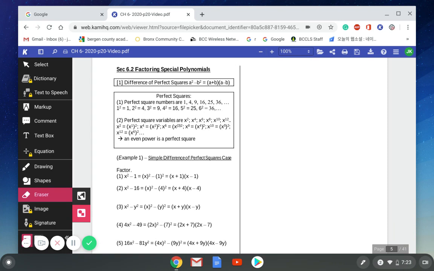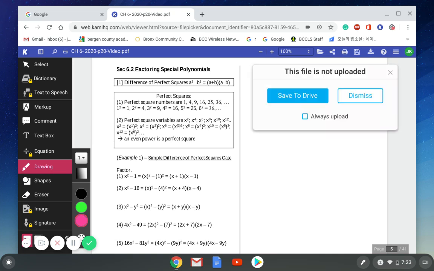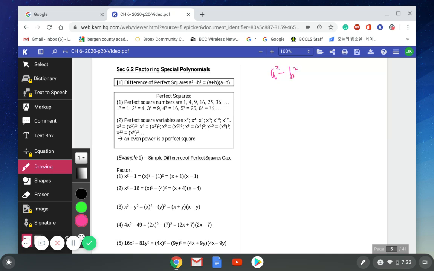Today, we're going to talk about factoring special polynomials by using the concept a squared minus b squared equals the product of the quantity a plus b and a minus b.